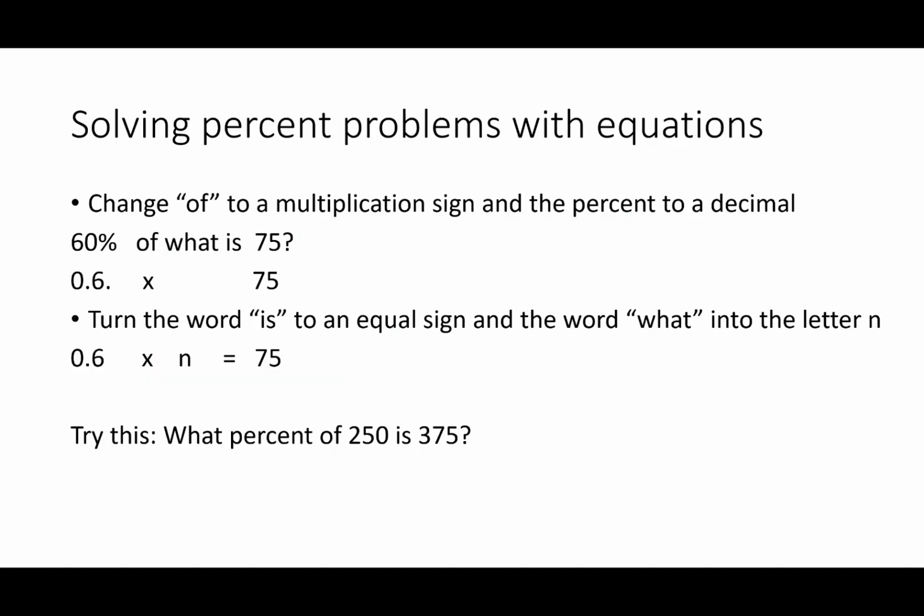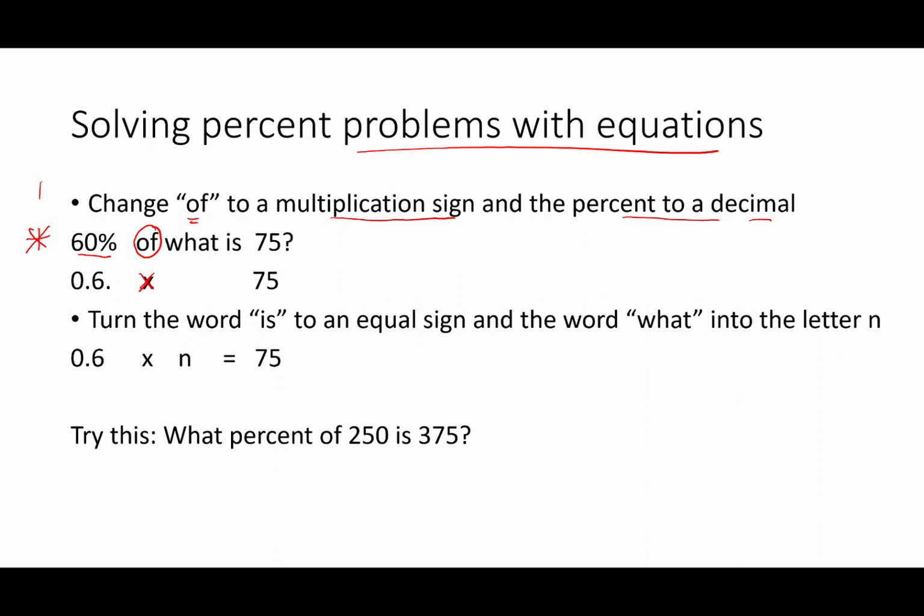So, solving percent problems with equations, we look at how to solve that. We can do it by changing the word "of" to a multiplication sign and the percent to a decimal number. Let's say, for example, you are asked 60% of what is 75? Straight away we change the word "of" into multiplication and the percent to a decimal, so 0.6 times 75.